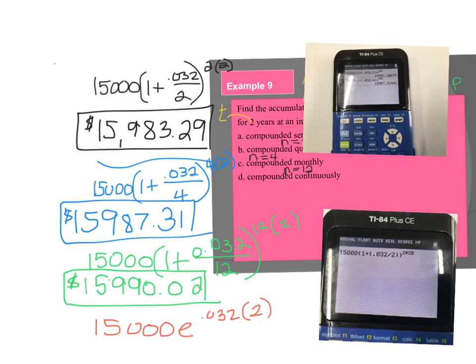And then the last one is 15,000 times e to the 0.032 times 2. And this one is $15,991.39.